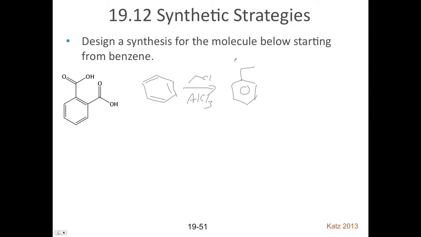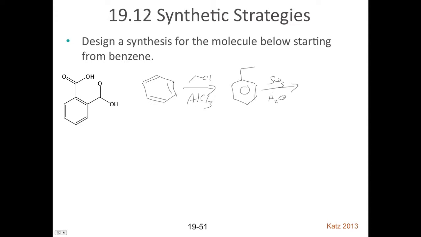We want this guy here to go meta, right? If we do another Friedel-Crafts, even if we use methyl, it would still go ortho/para. We wouldn't have exclusively the product we want. So what must we do? Let's use that crazy fuming sulfuric acid procedure that we learned about.